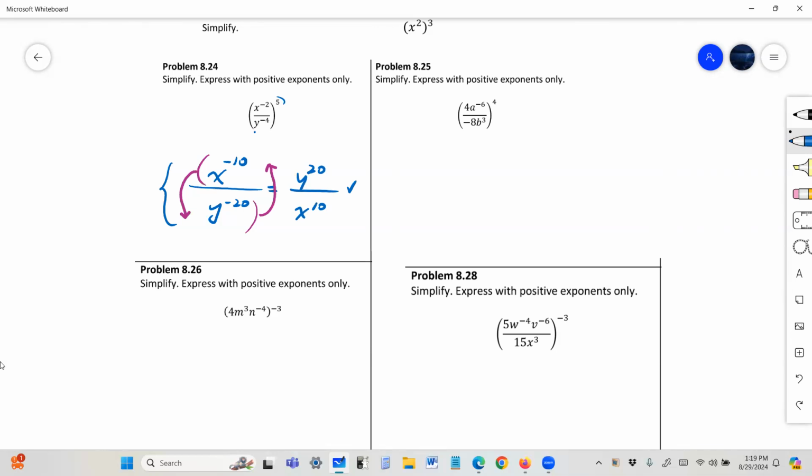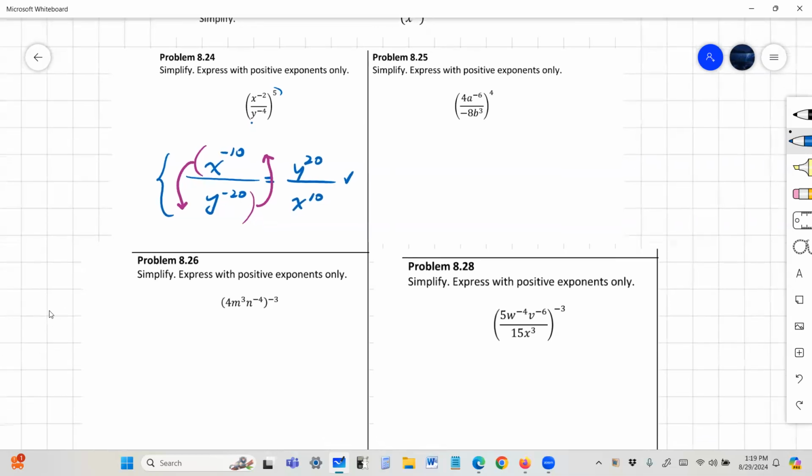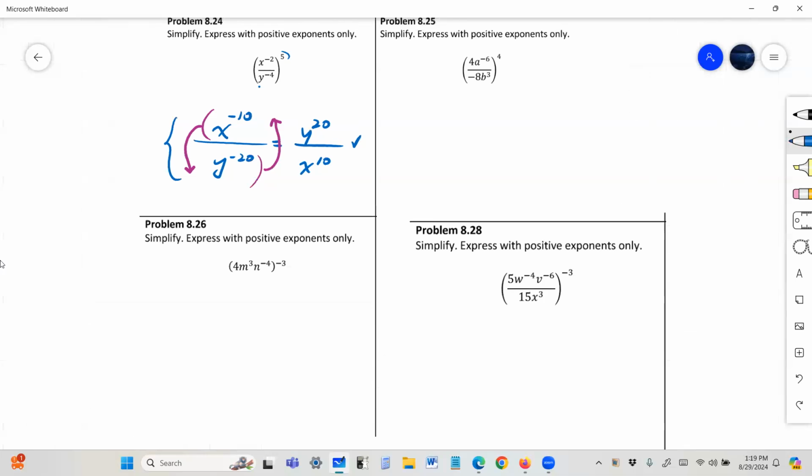All right, very good. So let's do the one on the bottom here first. This may be easier for us to do. I now have an expression inside the parentheses with an exponent on the outside. So it's the last property, which is an exponentiation of an exponentiation, or an exponent of an exponent. I have to do each individual term inside of the parentheses raised to this power of negative 3.